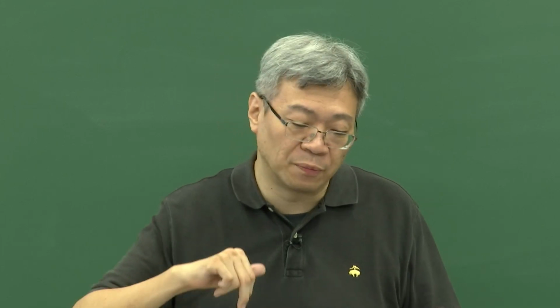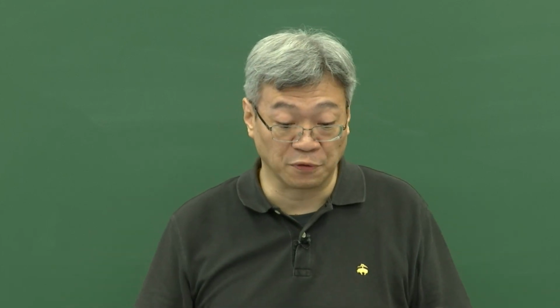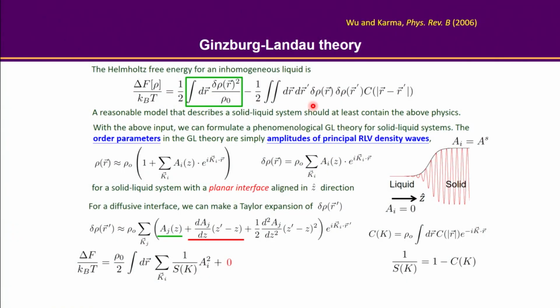You can reproduce the calculation, but in the end you will see that contribution is 0. So that only leaves the last term we need to work out. That will be the second derivative of a with respect to z, but there is a z prime minus z squared appearing, so we are going to deal with that.